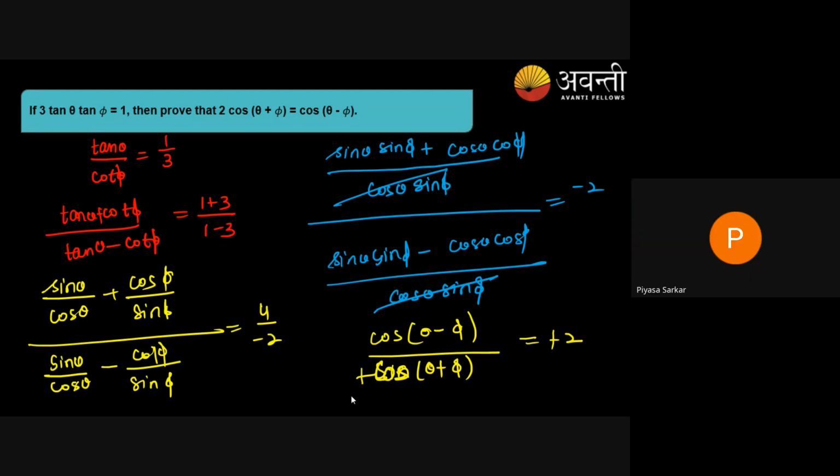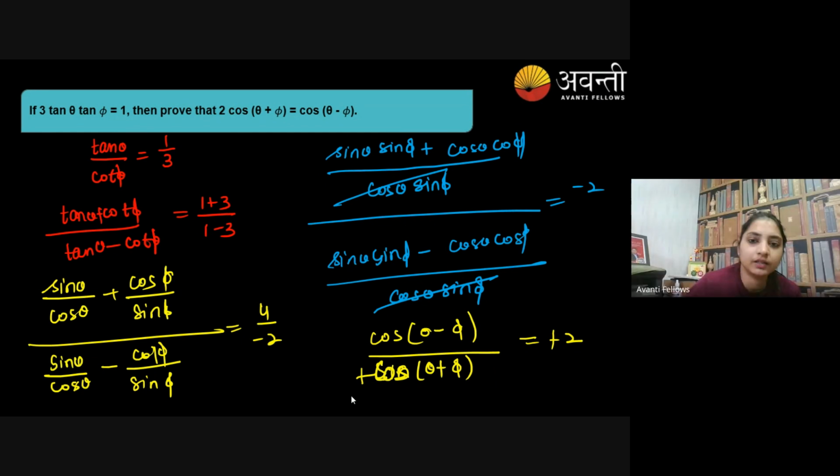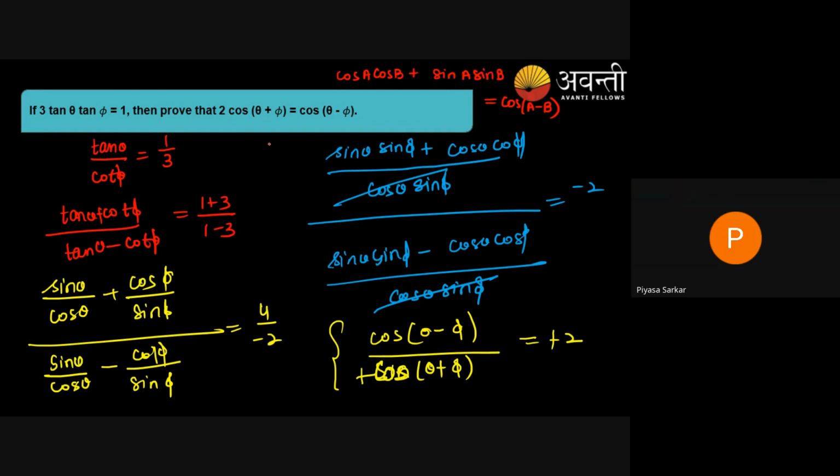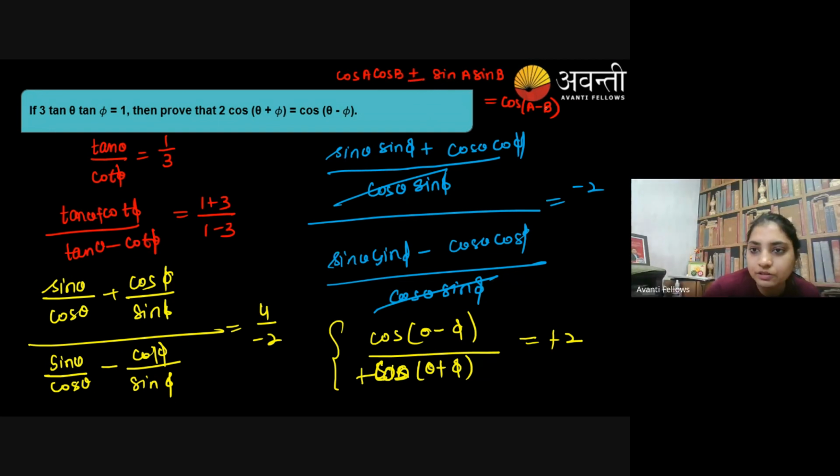Ma'am, can't understand the last step. This one? Yes, ma'am. Harini, just see. When you look, you have cos A cos B plus sine A sine B. Then what's the formula for that? Is it cos A minus B? Yes, ma'am. When you're having minus over there, then you will have plus over there.